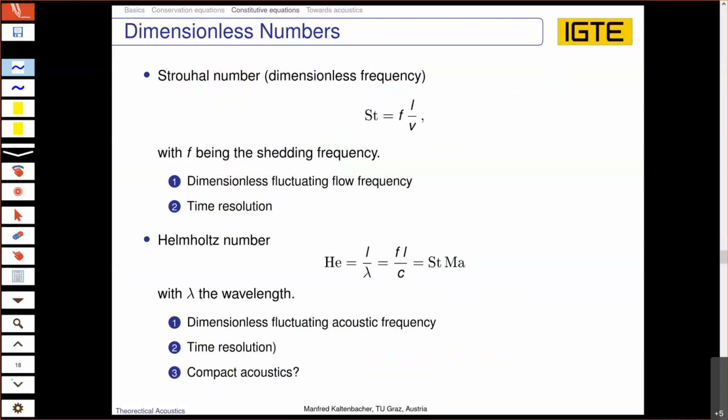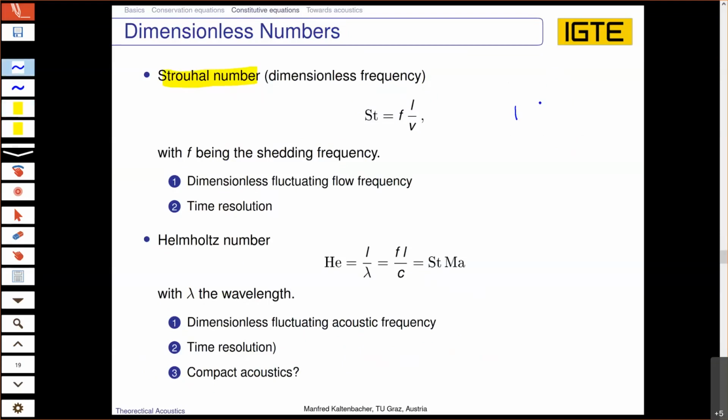Okay, another important dimensionless number is the Strouhal number. The Strouhal number is extremely important for us towards flow-induced sound, because let's consider a very simple case.